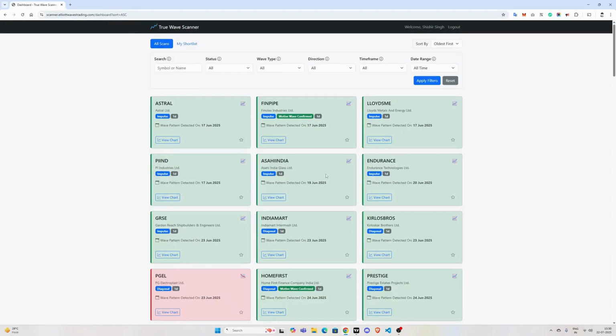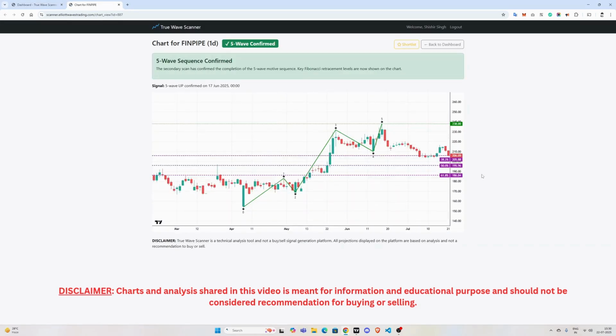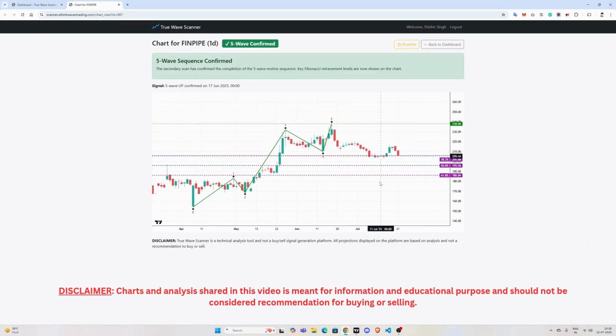And you can see another chart here. So here you can see 1 2 3 4 5, another great 5-wave setup, and then here you can see retracement. Here you will notice another thing, that it says 5-wave confirmed. So basically what it means is that the 5-wave pattern has been confirmed and it is currently in retracement, right?